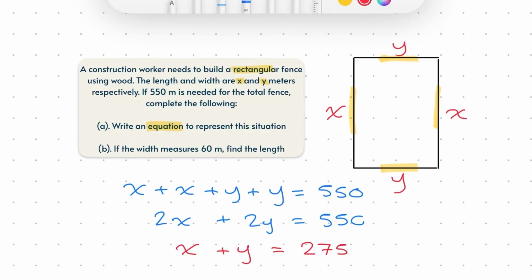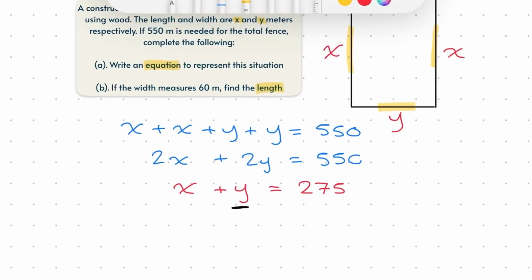What about part B? This tells us that the width measures 60 meters and is asking us to find the length. Remember that the width in this problem is y and the length is x. So if we know the value of the width, we know the value of y. I can plug this into our equation by simply substituting 60.